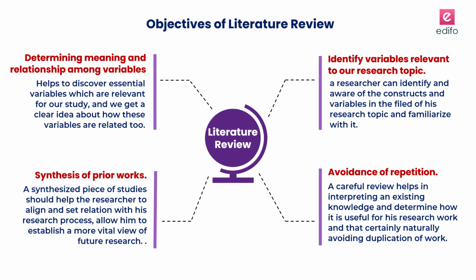Review of literature helps to discover essential variables which are relevant for our study, and we get a clear idea about how these variables are related. This will help the researcher in formulating hypotheses. These are the different objectives of review of literature in research.